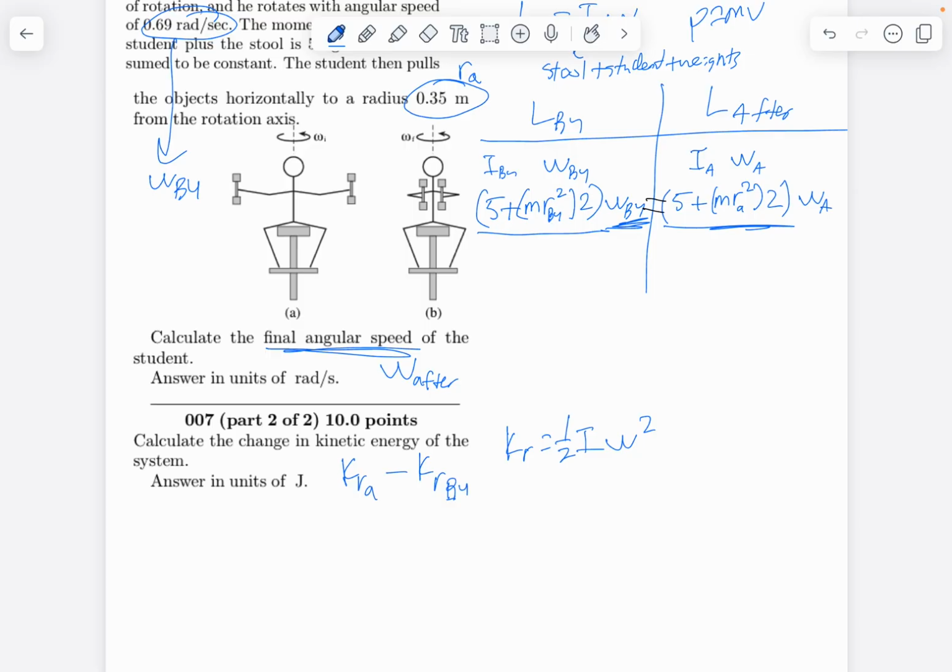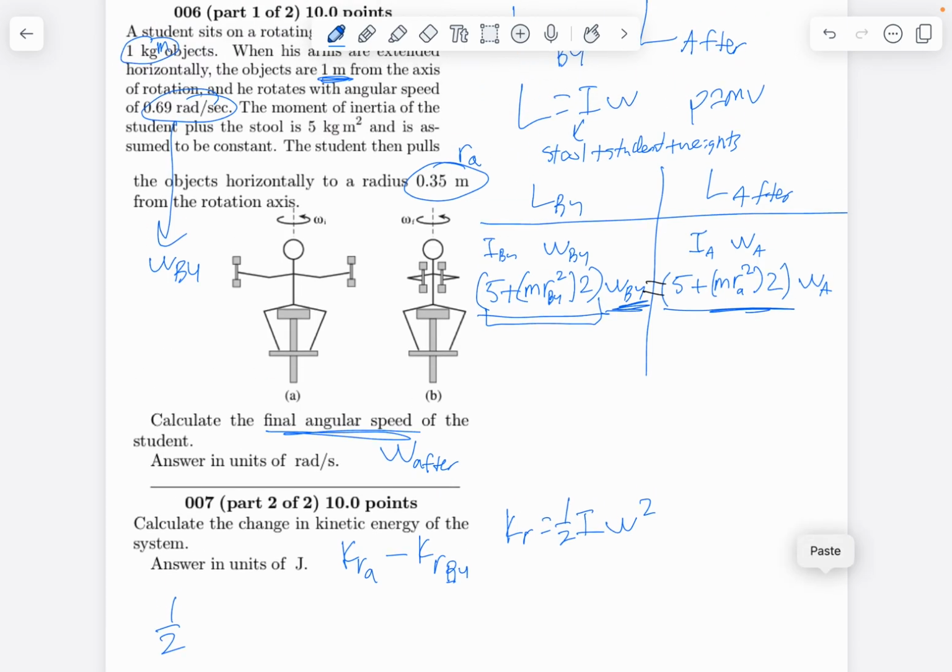So our rotational kinetic energy after is 1/2 I before, which you solved for in the previous question. Your student and stool may not be 5, and mine's 5, so whatever number that is, it's 5 plus m r before squared times 2. Right, this is I before.